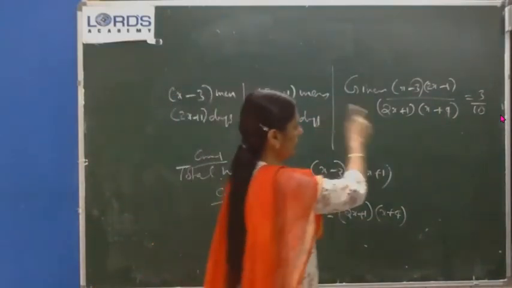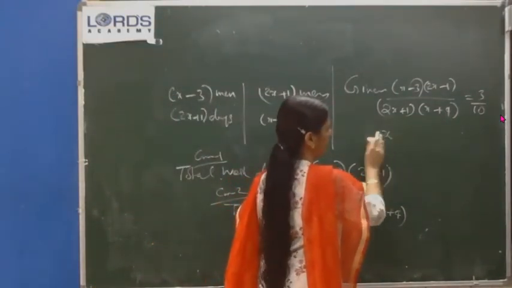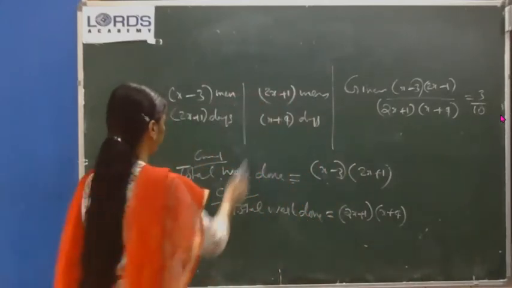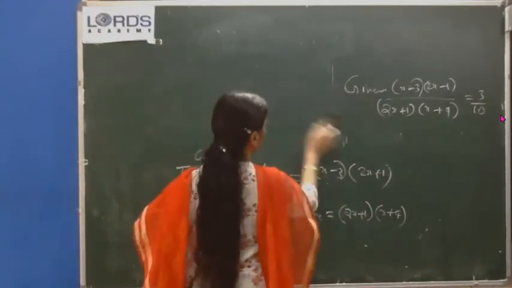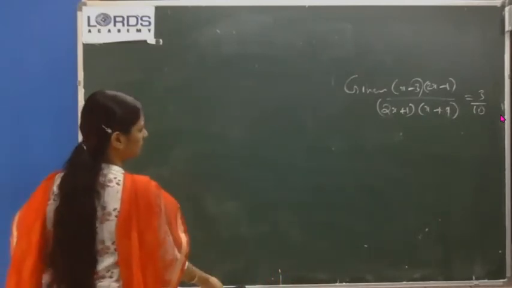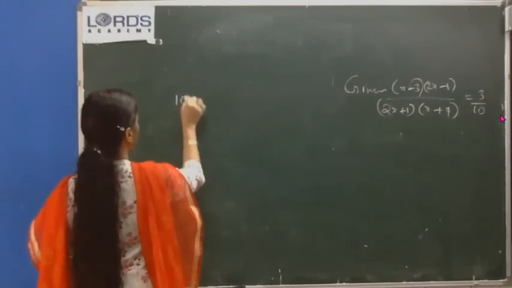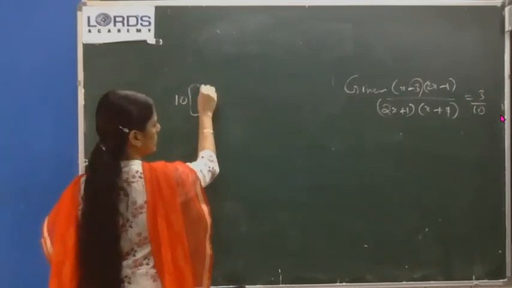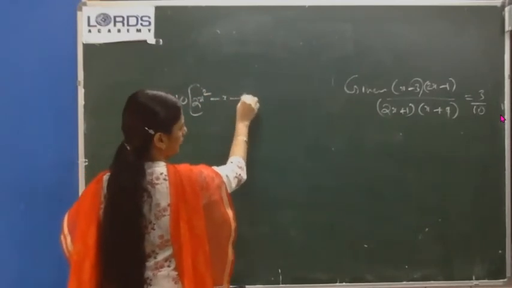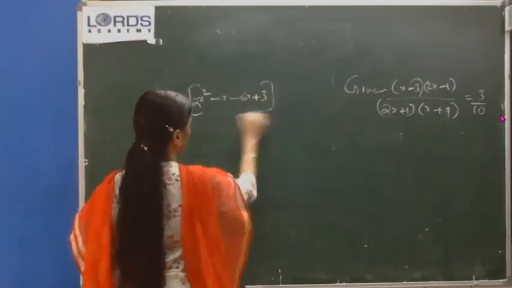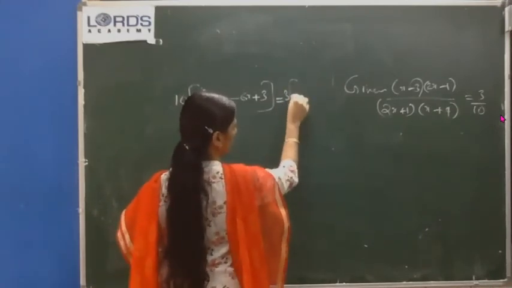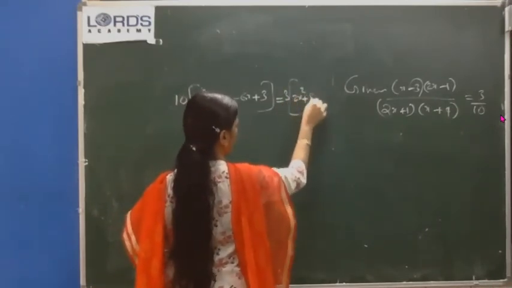Therefore, they only ask what is the value of x, that's all. Okay, cross multiply, first you write x square. You do it, no need to wait for me. Got the answer?